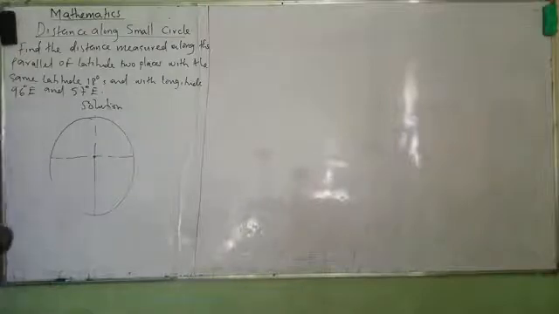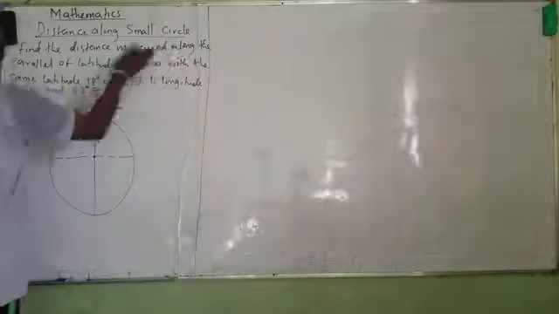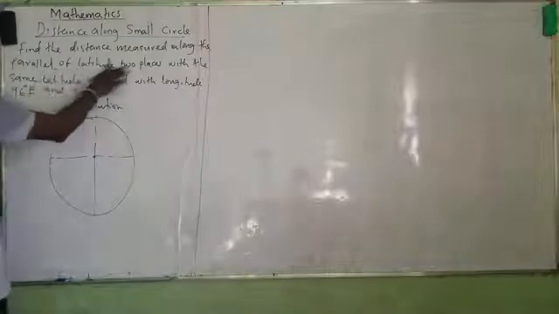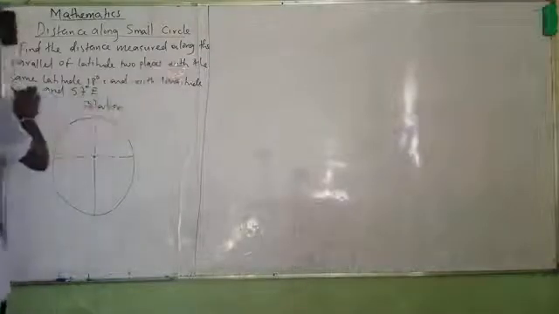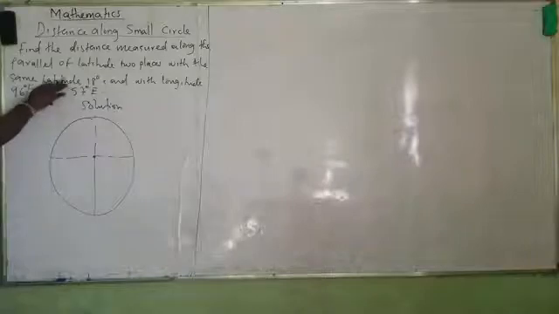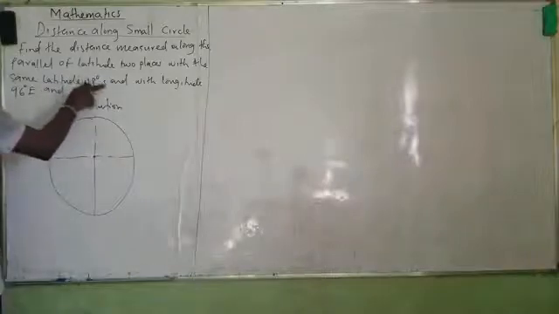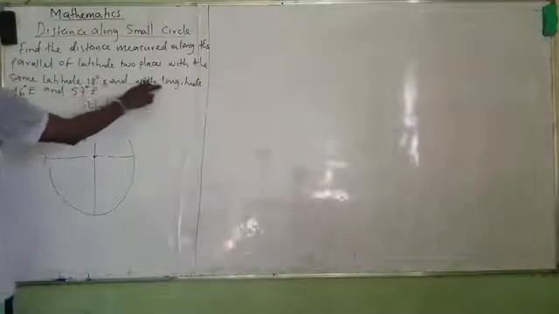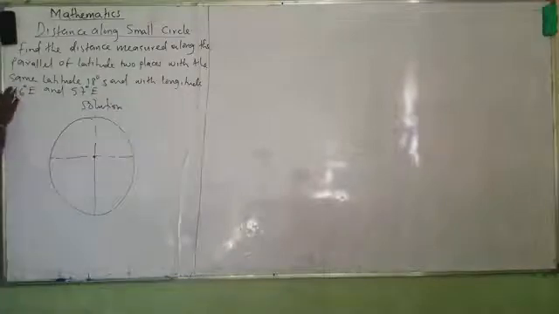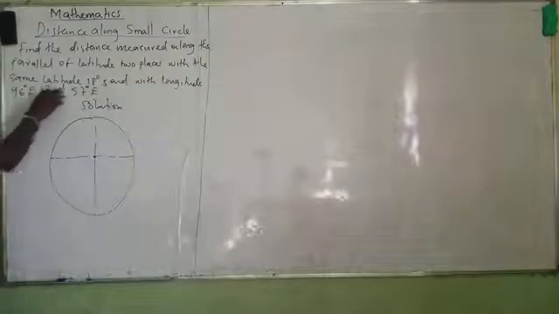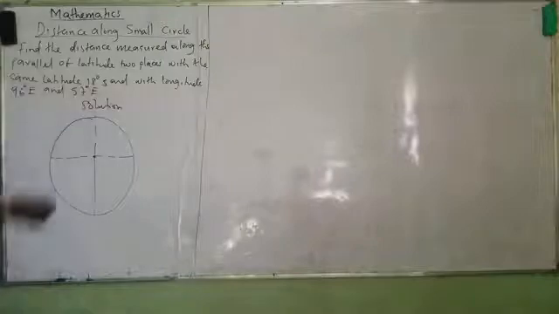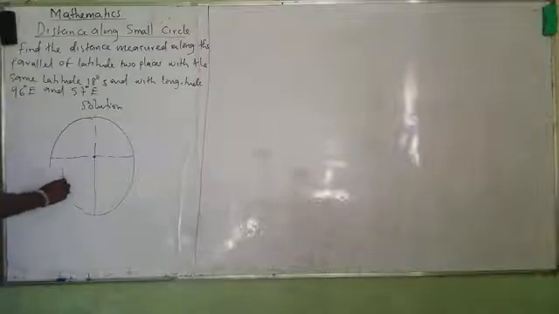This is called the center of the earth. The first question says, find the distance measured along the parallel of latitude between two places with the same latitude, 18 degrees south, and with longitudes 96 degrees east and 57 degrees east. Now it means 18 south could be here.